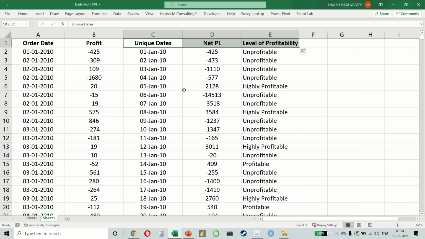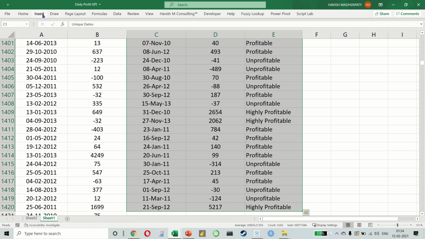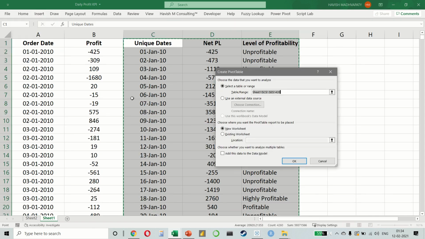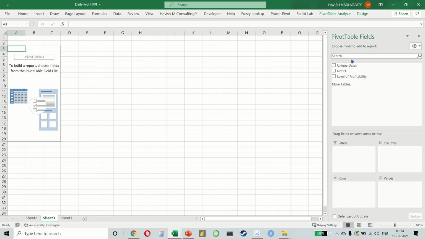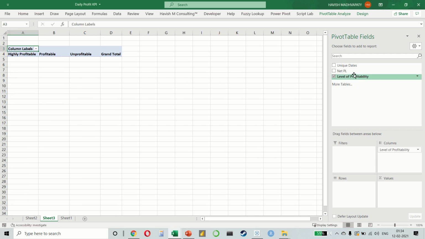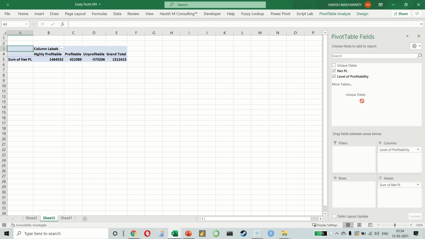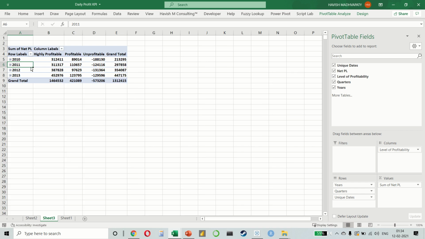We will select columns C, D and E, insert a pivot table, and now we can put the level of profitability in the columns, the net PL in values, and the dates in rows.